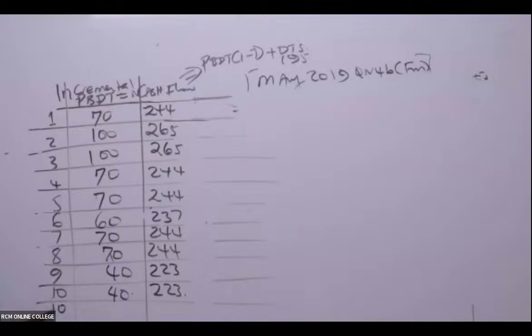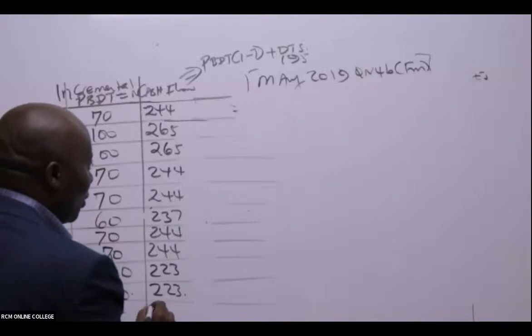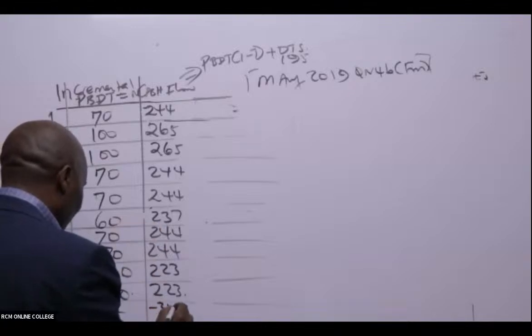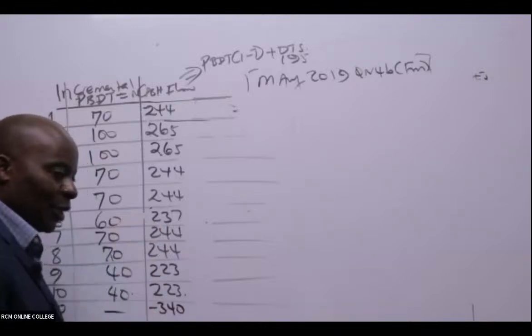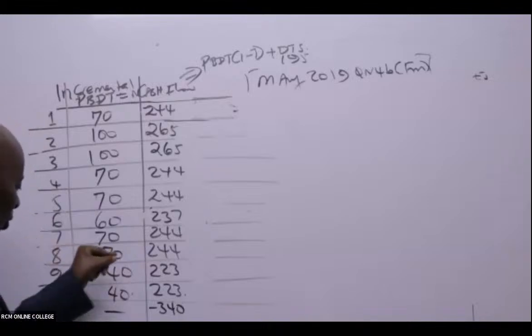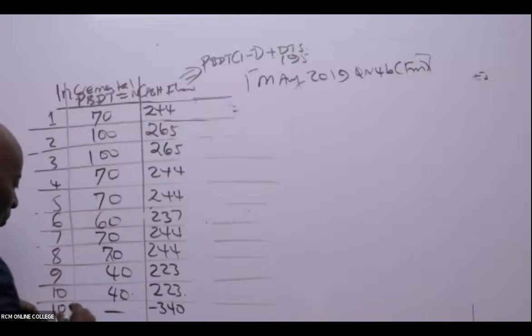Then you duplicate and write another 10, and here there'll be nothing. Here you write the terminal cash flow. I can't remember the incremental terminal cash flow. Was it minus 340? It's the last year, so you duplicate this. If it was a project ending in year 8, you would have written 8 for the normal and then 8 for the terminal. So this is terminal.